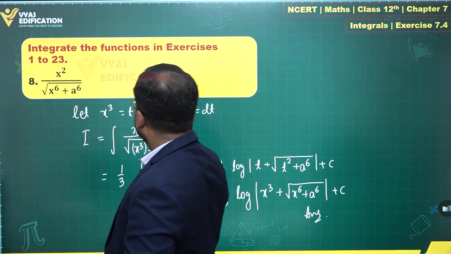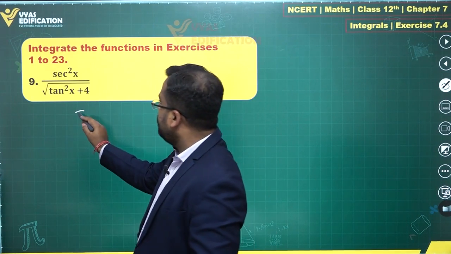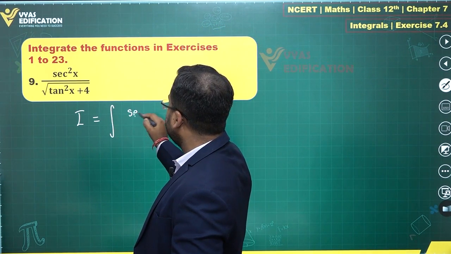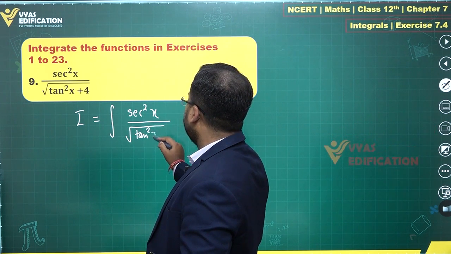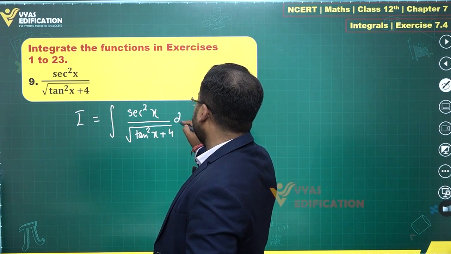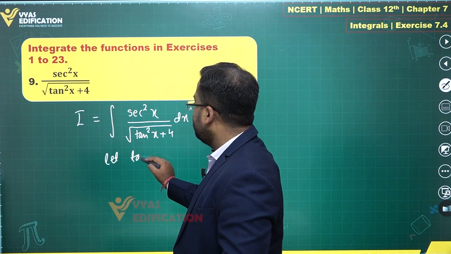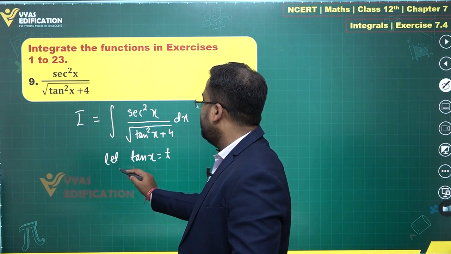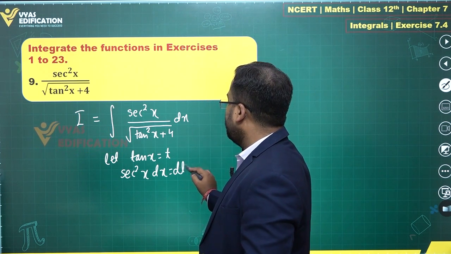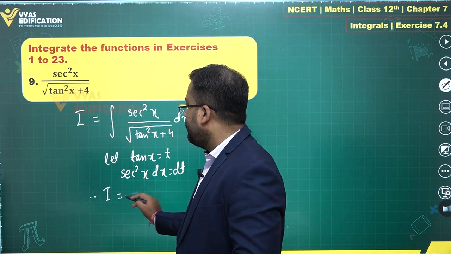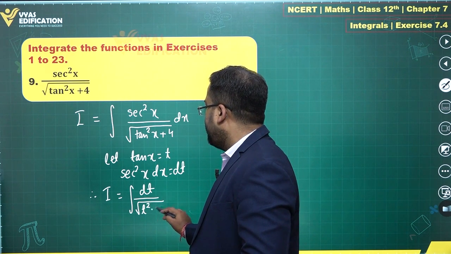So if you observe, I is equal to integral of sec square x upon under root of tan square x plus 4 dx, and the substitution that we'll use is tan x is equal to t, which tells me, okay, sec square x dx will be equal to dt.